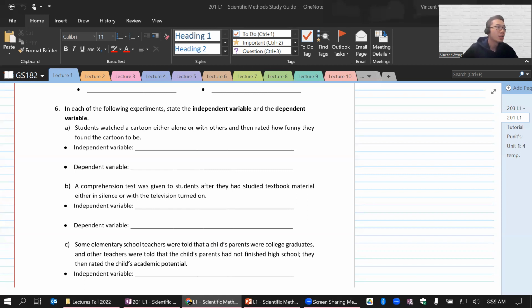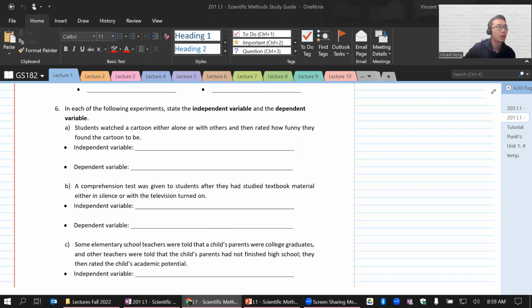Okay, question number 6. So what I'm going to do is put you in groups. How many people do we have here? We have 30 people. I'll break you into maybe 6 groups. I'll give you roughly 5 minutes, and you can go through the scenario, talk about it, say hi to each other, and then figure out what the independent and dependent variable will be.